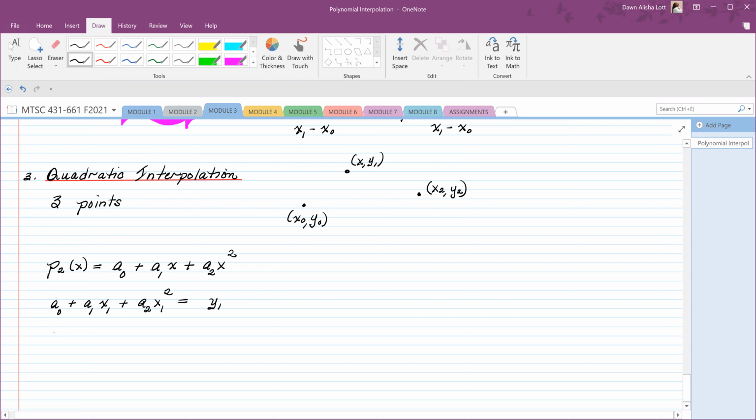And then I have A naught plus A1X2 plus A2X2 squared is Y2. And then lastly, A naught plus A1. I skipped the first one. All righty then, let's move this down. I apologize.